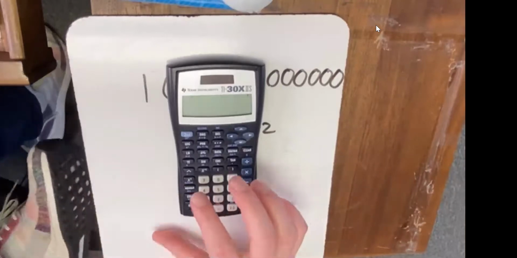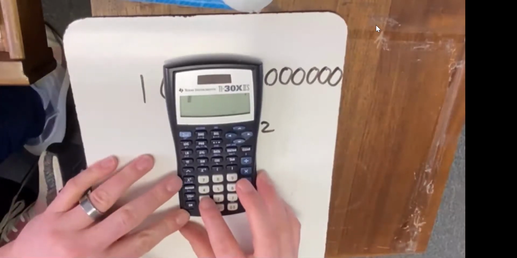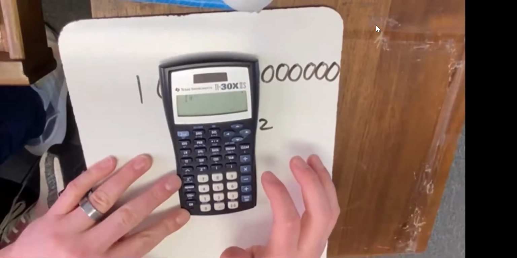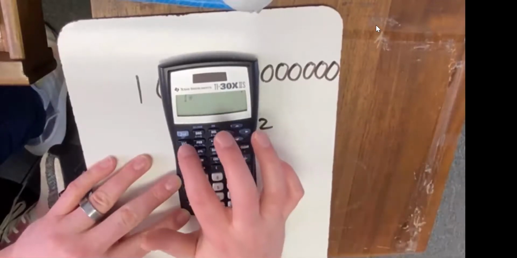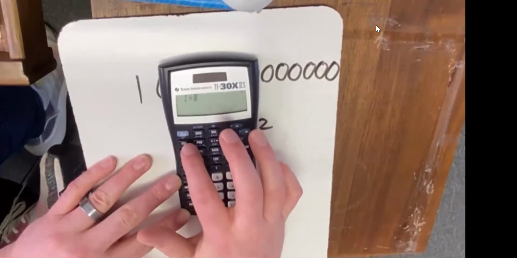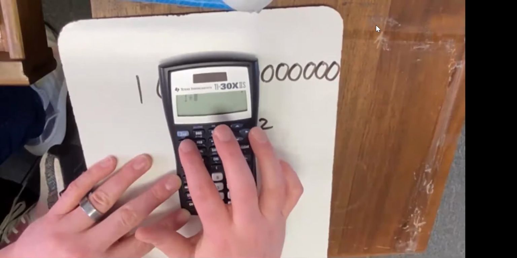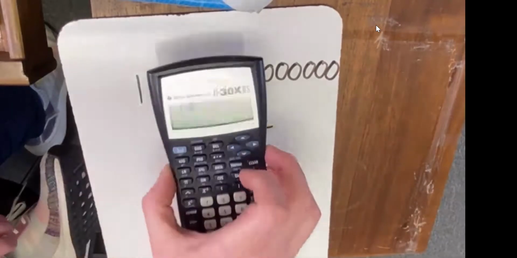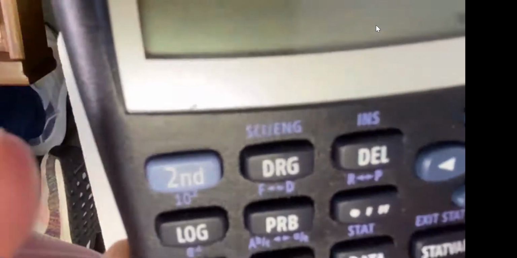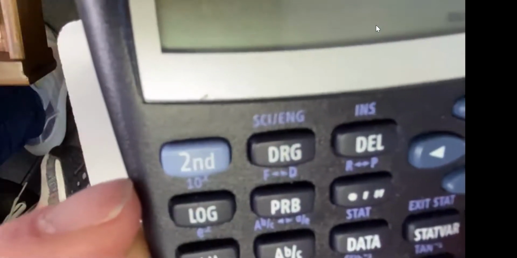So let's type it in. We're going to type in the 1. So 1 times, and then here's your special little button. It's right here underneath the second button. It says log, but in blue, it says 10 to the x. Let me show you that up nice and close. So under the second button, it has the 10 to the x.